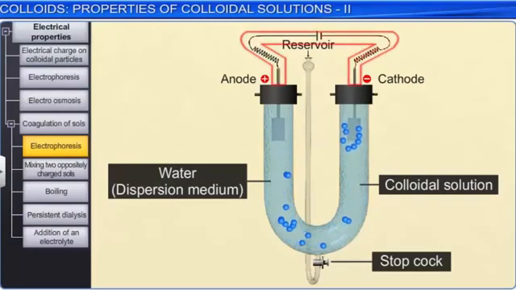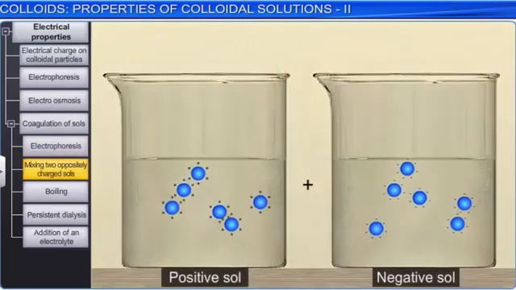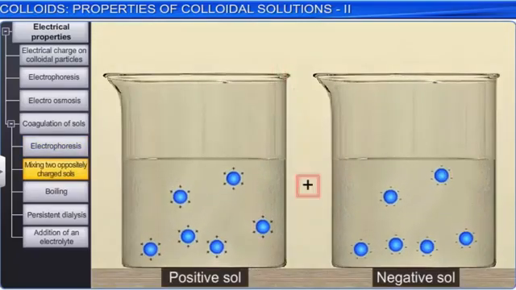If the process is carried out over a prolonged period of time, then the colloidal particles get discharged at the oppositely charged electrode and get coagulated. Another method used to bring about coagulation is by mixing two oppositely charged sols.